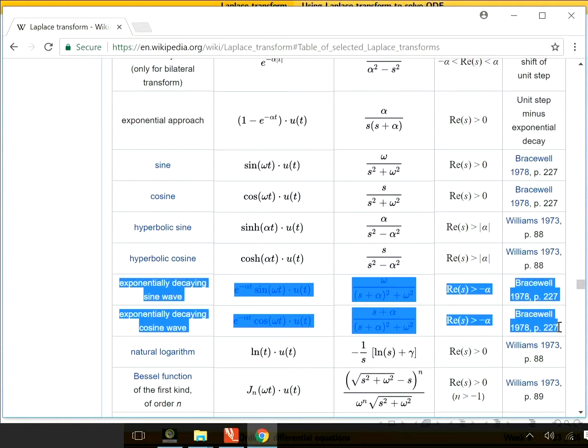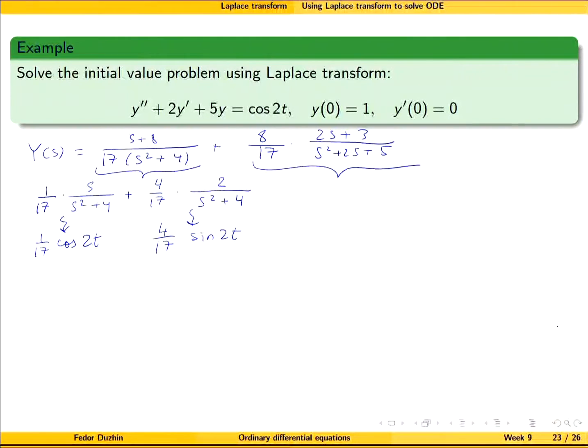But in order for this to match our example, the denominator must be presented as the sum of squares, right? So we need to complete the square. So let me rewrite it. Here I'm going to have 8 over 17 times, the denominator is (s plus 1) squared plus 4, and 4 is 2 squared.